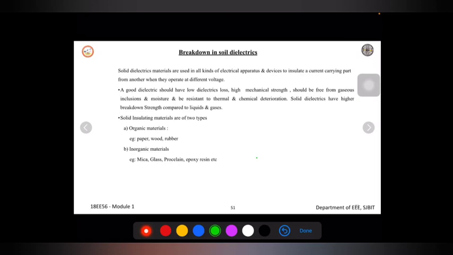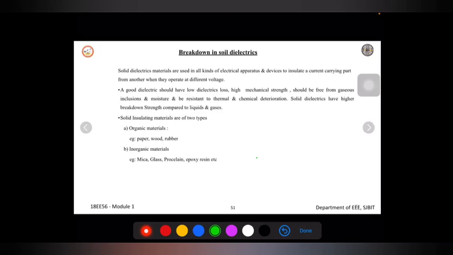It should not easily let moisture ingress into the solid dielectric because that will lead to deterioration of your insulating material. It should have high thermal resistance, so it can withstand very high temperature, and it should also withstand chemical deterioration.